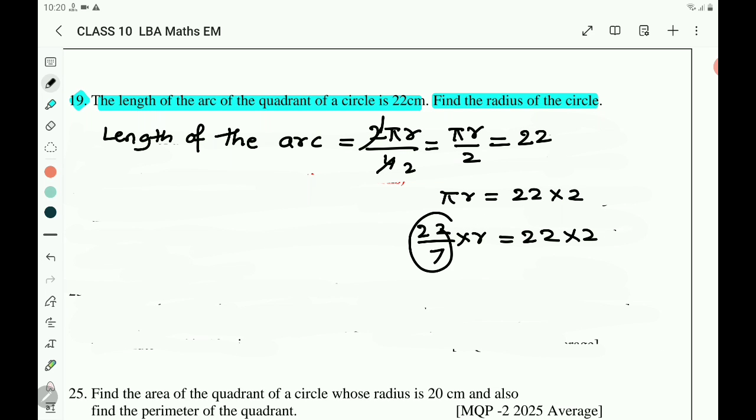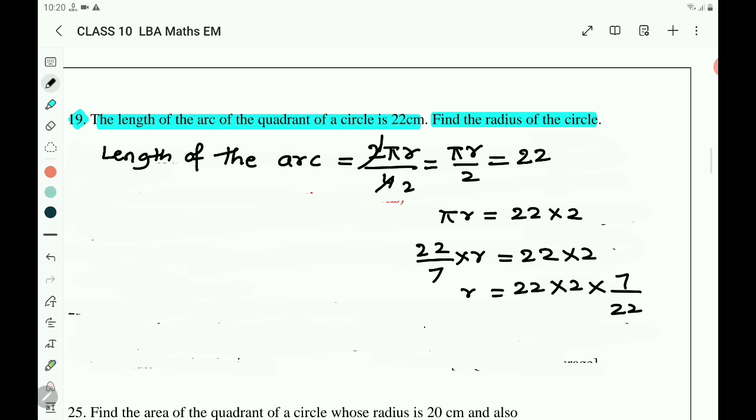Transfer this 22 by 7 to the RHS. Then it becomes r equals 22 into 2 into 7 by 22 when it is transferred to the RHS. Then 22 cancels. R is equal to 2 into 7, which is equal to 14 centimeters.